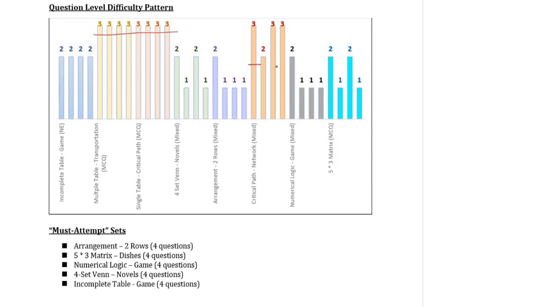Similarly, one more critical path set on the tougher side. Whereas if I look at the rest of the sets, there is not even a single tough question in the remaining sets. Also, for instance, when I look at the set on arrangements, you answer the first question in reasonable time. That is why it is marked as a moderate question, and then everything becomes very easy.